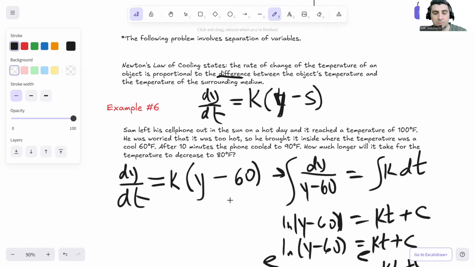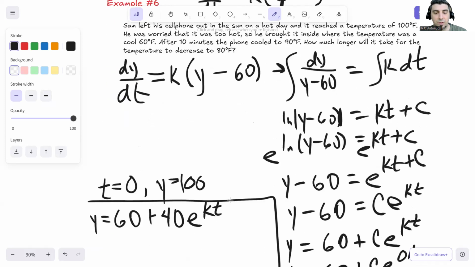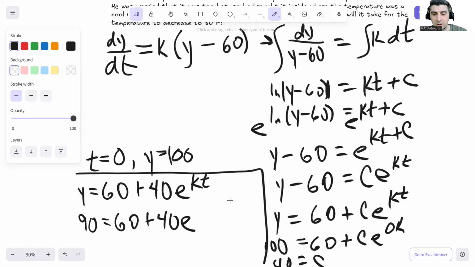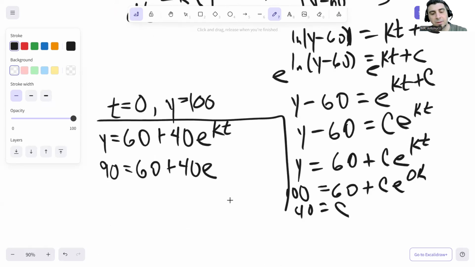Now I know from the problem that after 10 minutes, the phone cooled to 90 degrees. So if I plug in 90 for y, 60 plus 40 e to the, what was it, 10 minutes? Yeah, 10 minutes, so 10k. So subtract 60, you would get 30 from the 90. Divide by 40, you would get 3/4 or 0.75 equals e to the 10k. Natural log both sides.